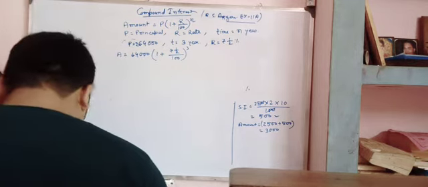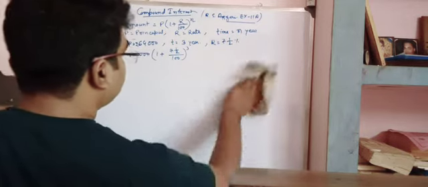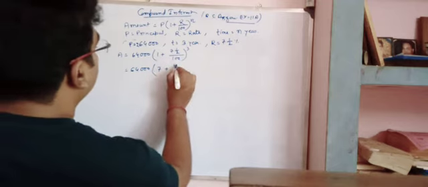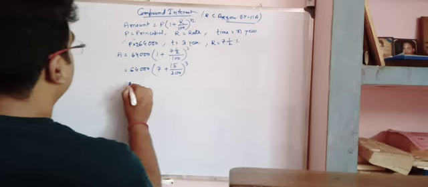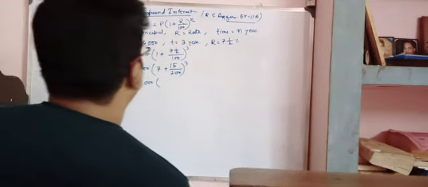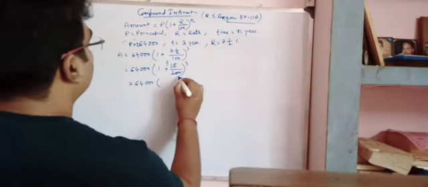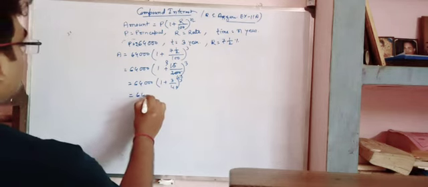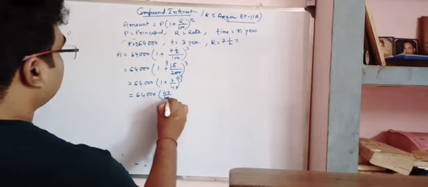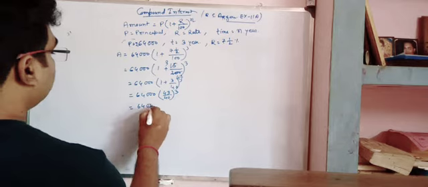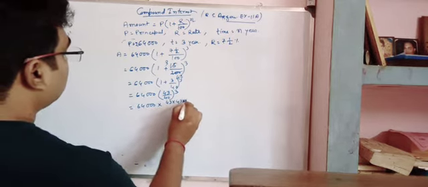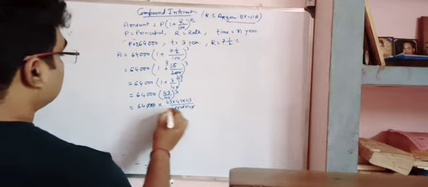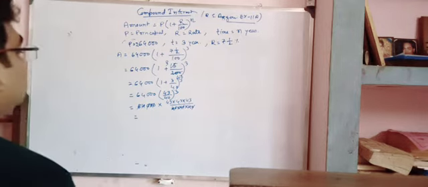We have to do the calculation very carefully, otherwise it may be wrong. 64,000 into 1 plus 3/40 whole cube, which is 43/40 cube. 64,000 into 43 into 43 into 43 by 40 into 40 into 40. So my result should be 43 cube.